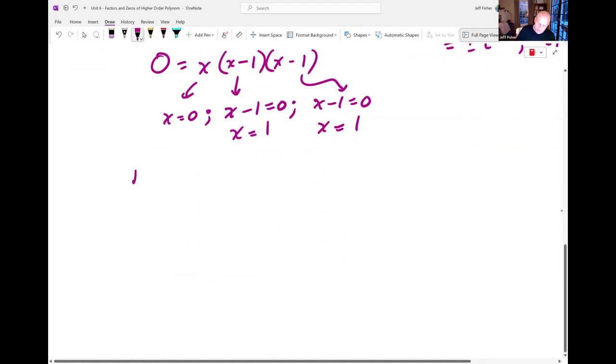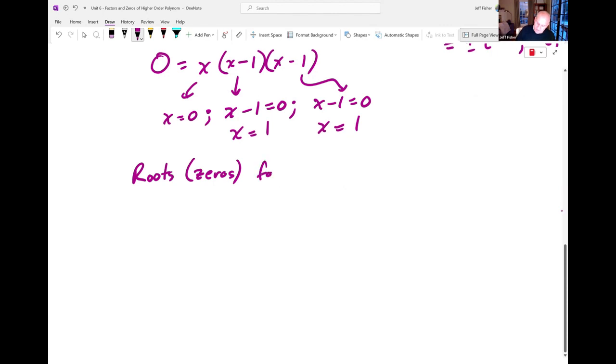So our roots, okay, also known as zeros for f of x, are x equals 0 and 1 and 1. Well, when we say 1 and 1, we actually write it like this. We say 1 with a multiplicity.